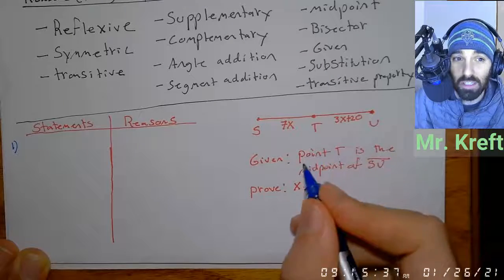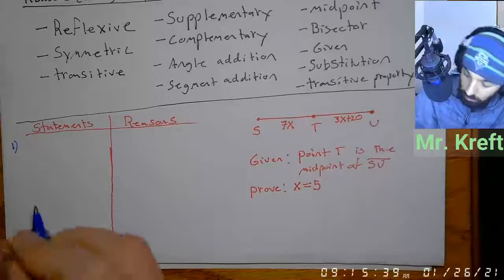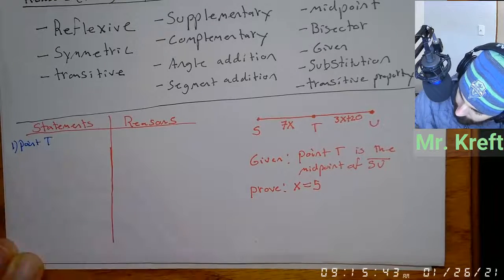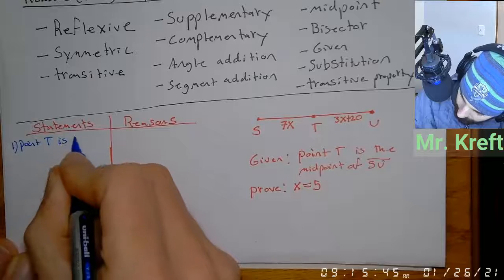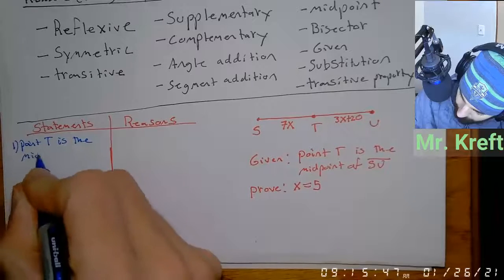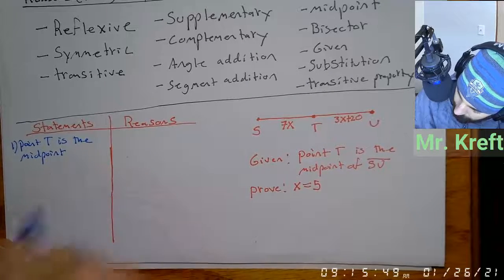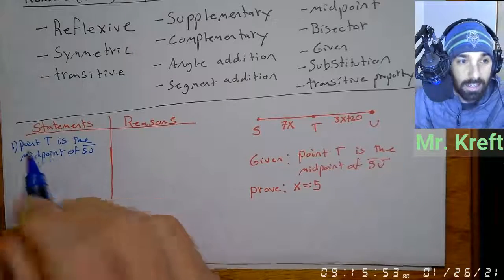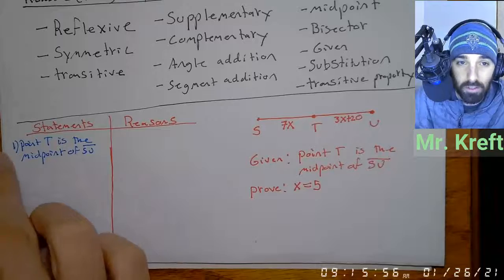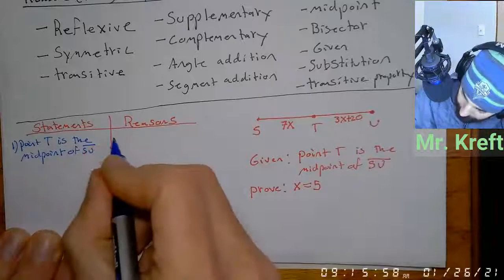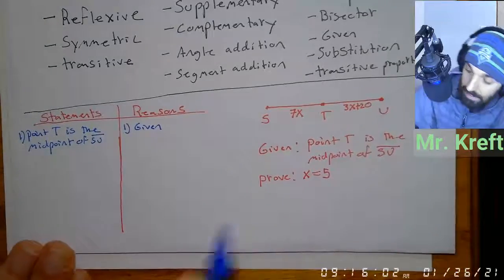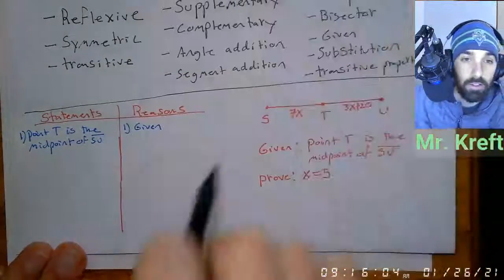If this is what the customer gives you for the given, that's what we're going to use. So I'm going to say point T is the midpoint of SU. And notice here, right, I'm going thick. That's why we label our steps so that we can always line them up. Right? So that's my given. Okay. So there's my given.